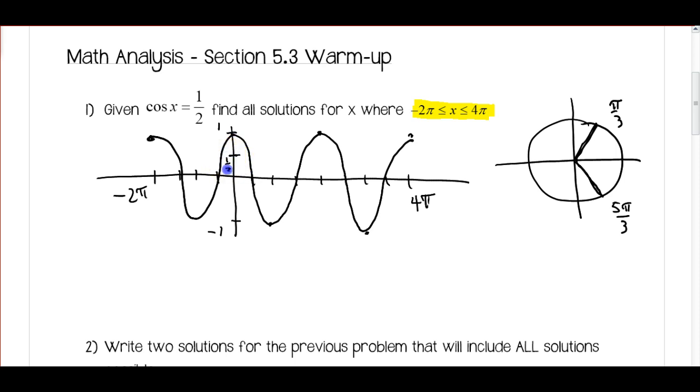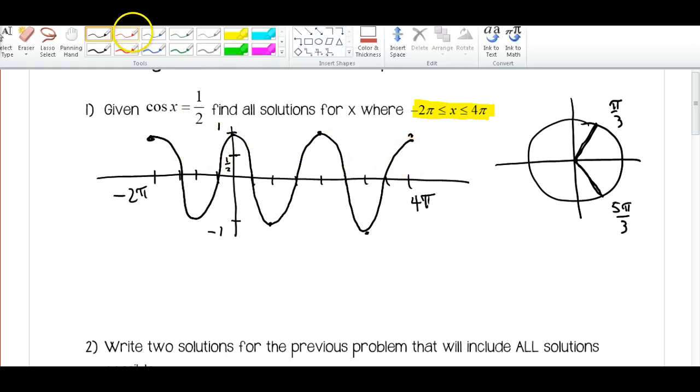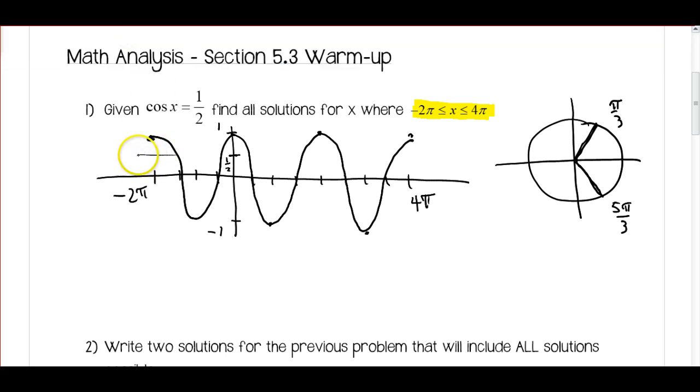So basically if I drew a horizontal line at a half, I would want every spot where it would intersect here. So let's just go ahead and do that. So I have 1 spot right here, 2, 3, 4, 5, 6.